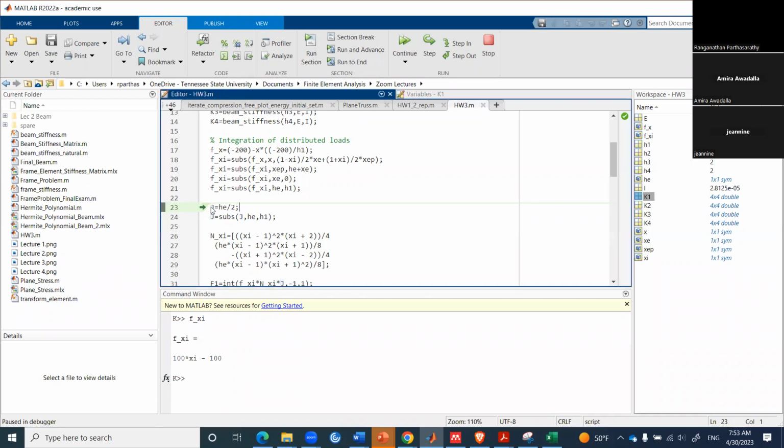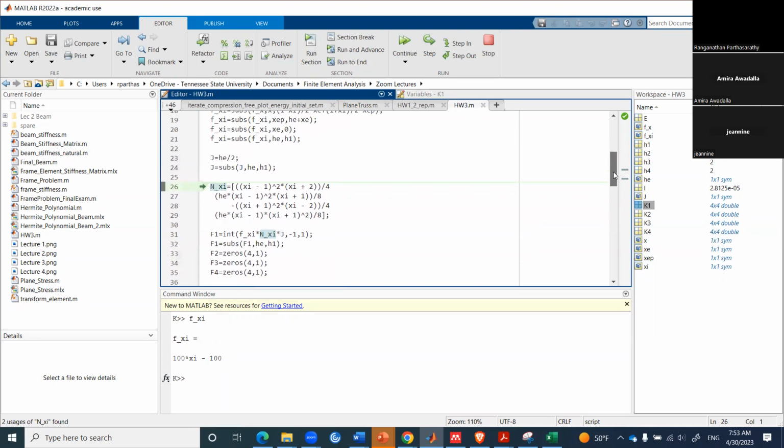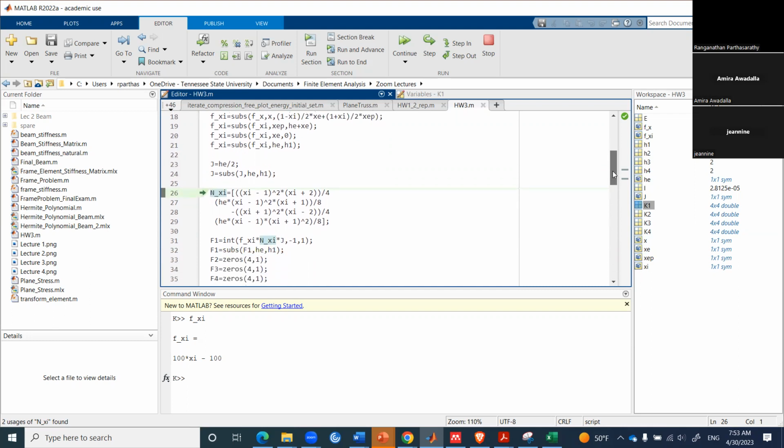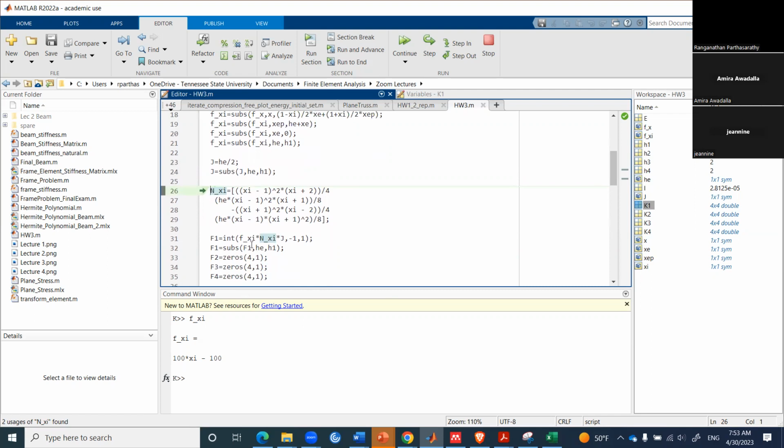We know J, so we substitute J, and then now we define the n psi so that we can get F1, which is the integral of F psi, right?